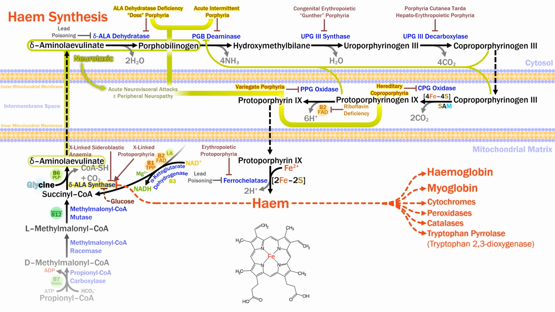In UPG synthase deficiency, seen in congenital erythropoietic porphyria or Gunther disease, the accumulating hydroxymethylbilane circularizes into a non-physiological compound, UPG1, which is then formed into CPG1, which is a metabolic dead end and also toxic.